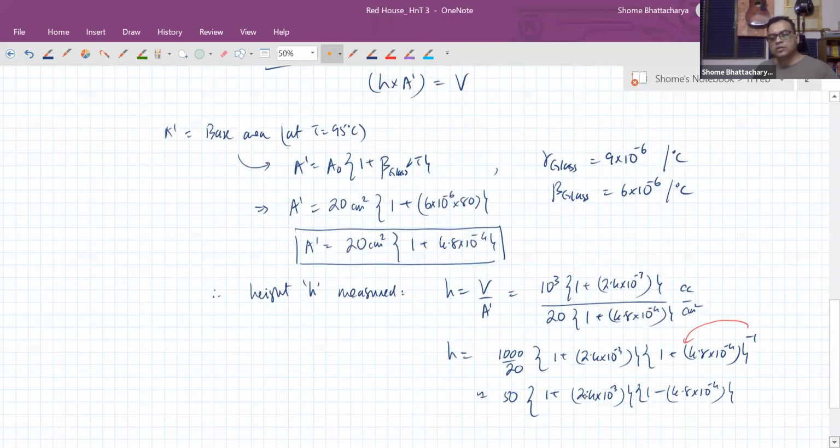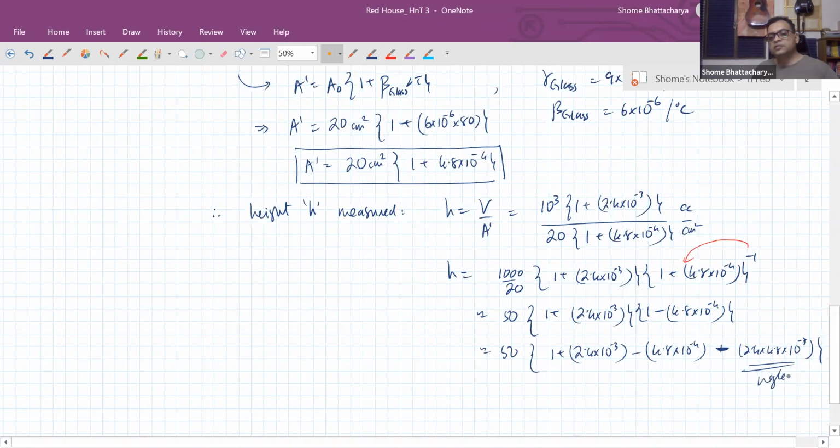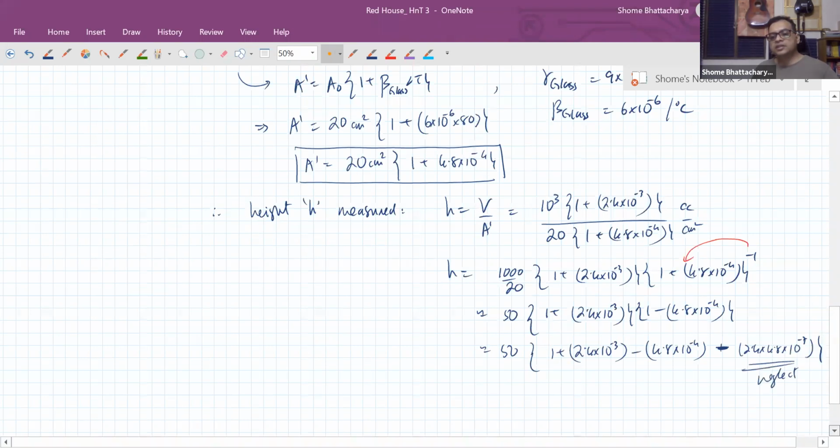Okay, and now you open this bracket. So again, this term we can neglect because it's 10 raised to the power minus 7.